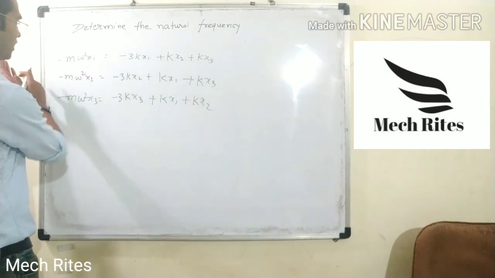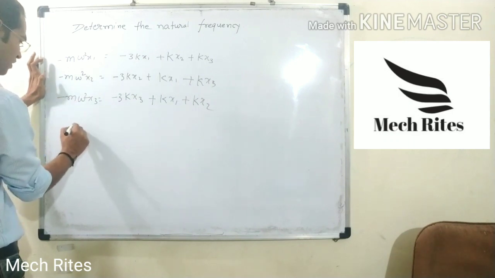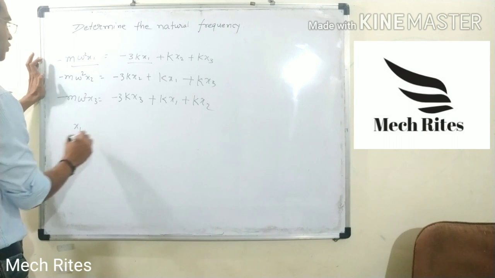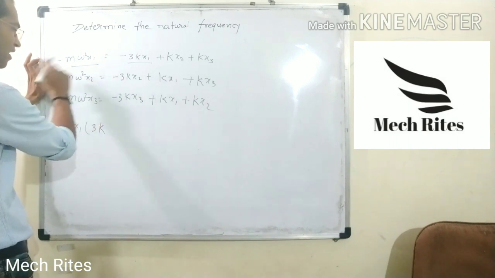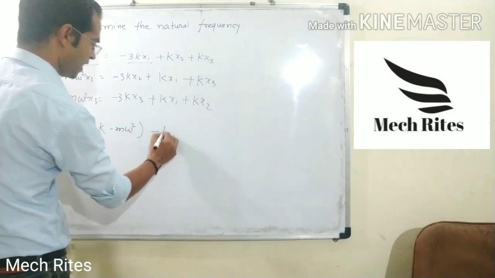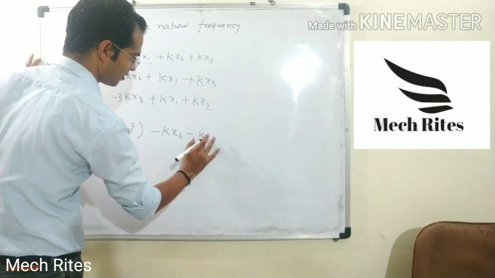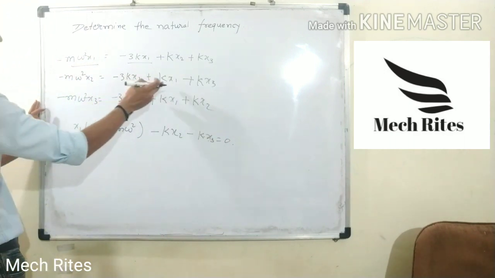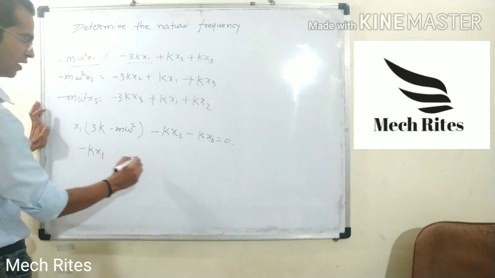Now take all these things to the left hand side. So if you see this and this will be added, so I am taking x1 as common. 3k will be plus on the left hand side, minus m omega square, minus k x2 minus k x3 equal to 0. Similarly for the second, this will go minus k x1.